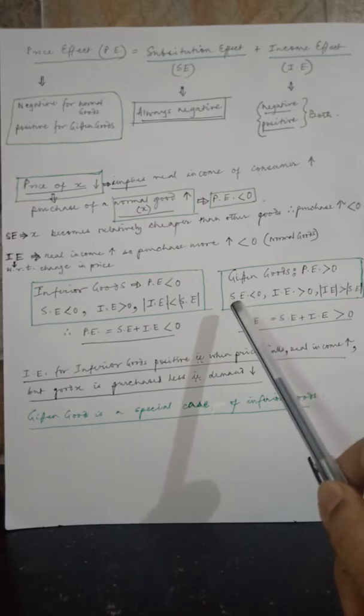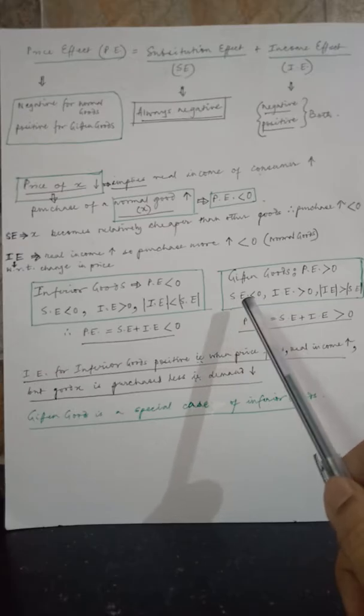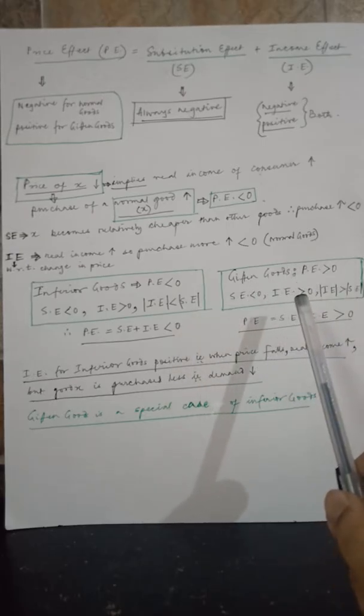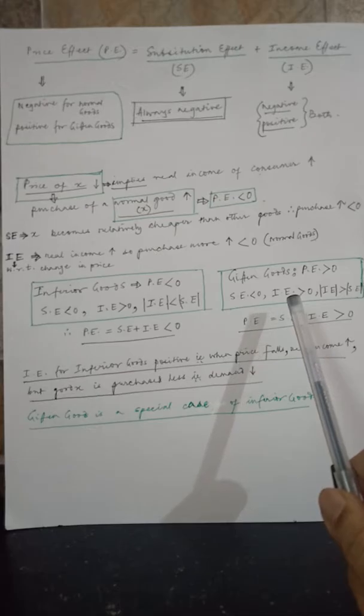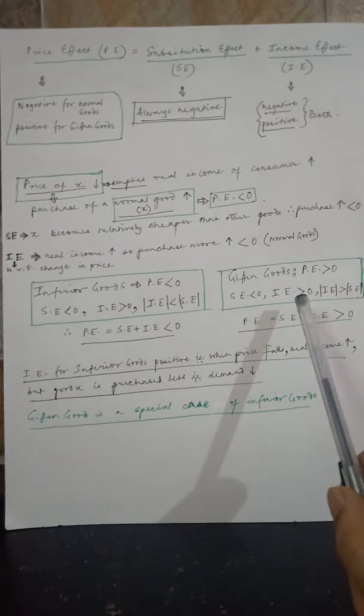So there is a negative relation between the demand for the good and the price. So the substitution effect is as usual negative. But for income effect, whenever we are talking about income effect for inferior goods, because Giffen good is a kind of inferior good, the income effect is positive.